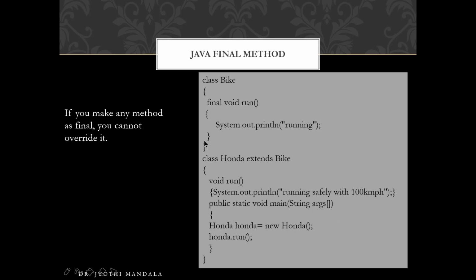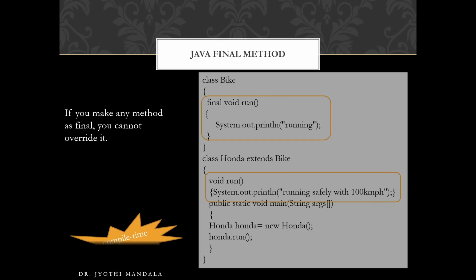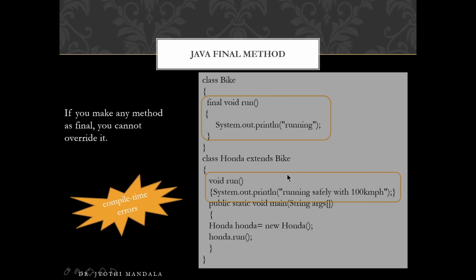But here you need to observe, I have attached the final keyword to the run method. Whenever you do this, you are restricting this run method from being overridden in its subclass. That is not allowed. If you try to do that, you will get a compile time error.